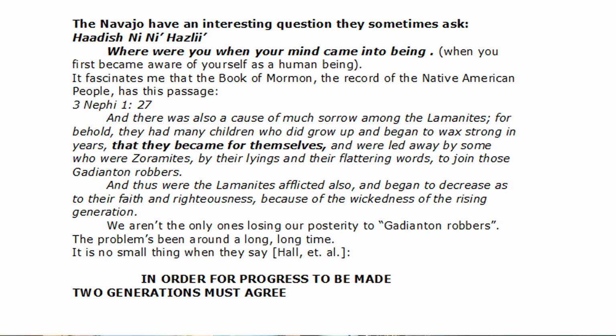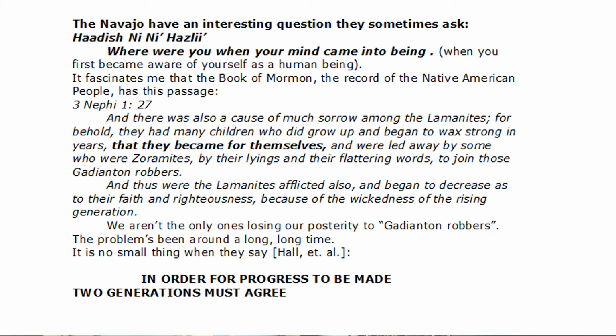For behold, they had many children who did grow up and began to wax strong in years, and they became for themselves, and were led away by some who were Zoramites, by their lying and their flattering words, to join those Gadianton robbers. And thus were the Lamanites afflicted also, and began to decrease as to their faith and righteousness, because of the wickedness of the rising generation.